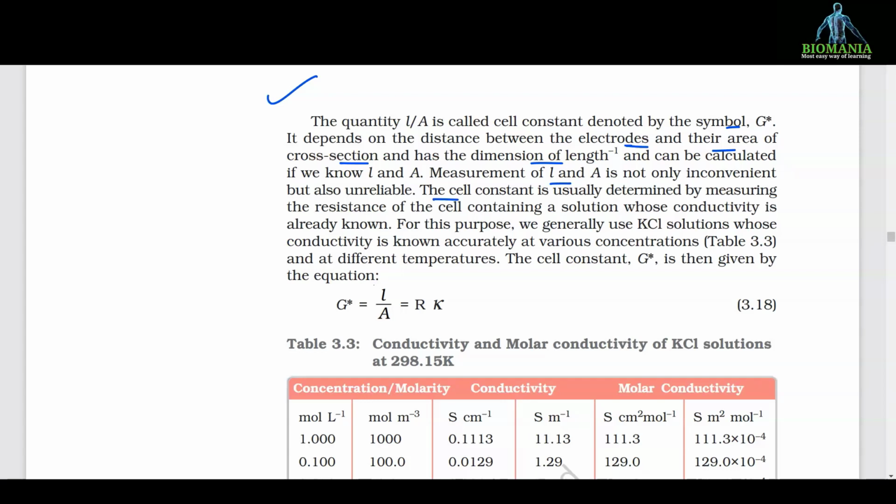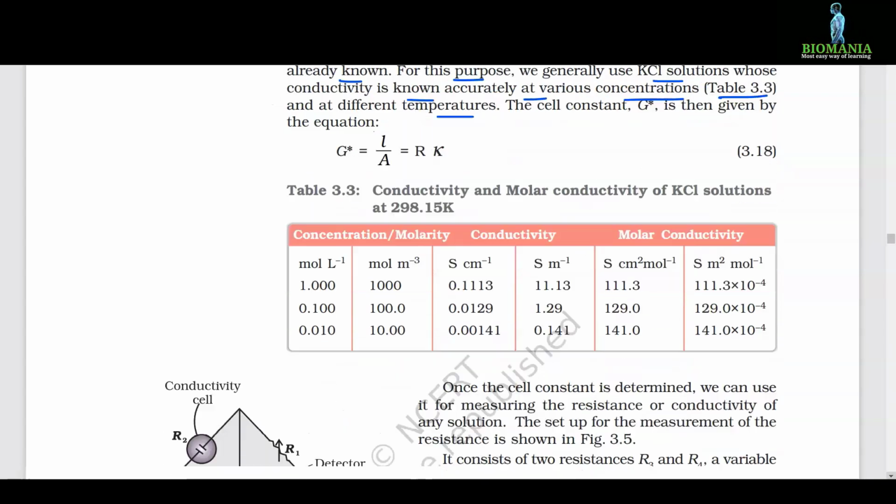The cell constant is usually determined by measuring the resistance of the cell containing a solution whose conductivity is already known. For this purpose, we generally use KCl solution whose conductivity is known accurately at various concentrations and at different temperatures, and here is table 3.3 for that. The cell constant G* is then given by the equation G* = L/A = Rκ.